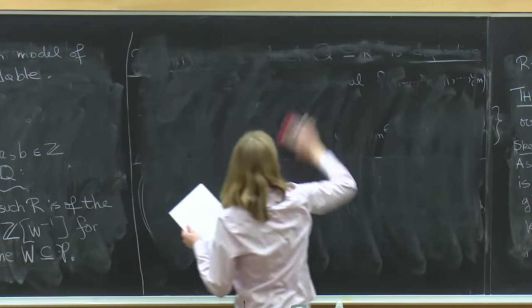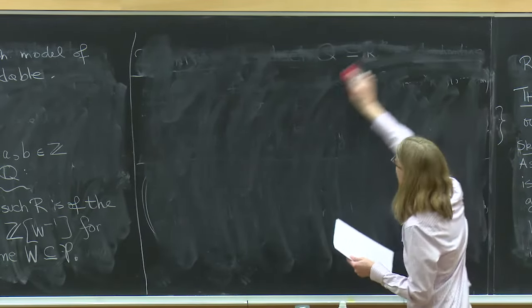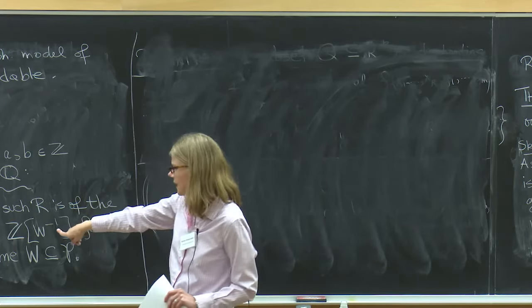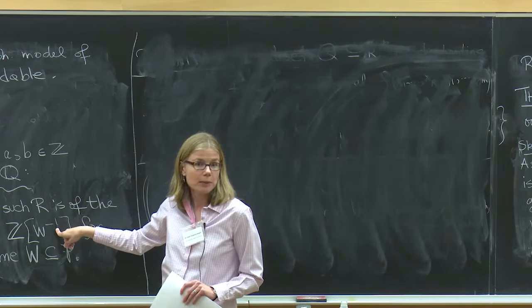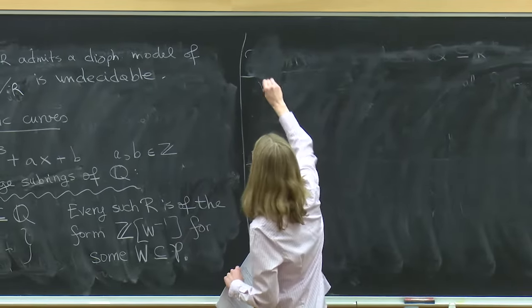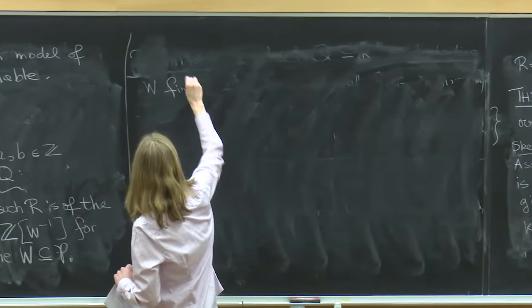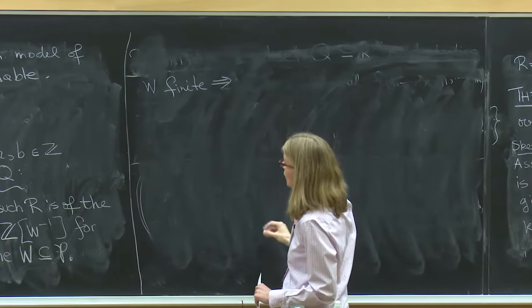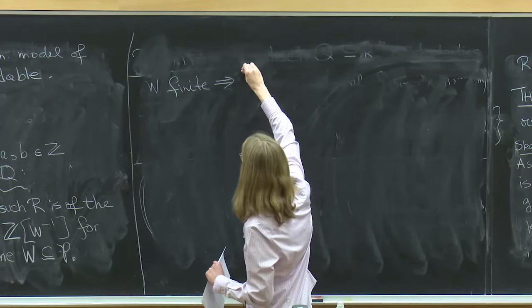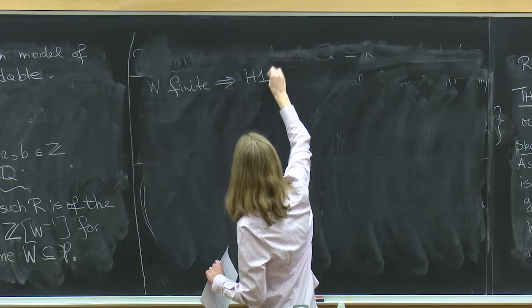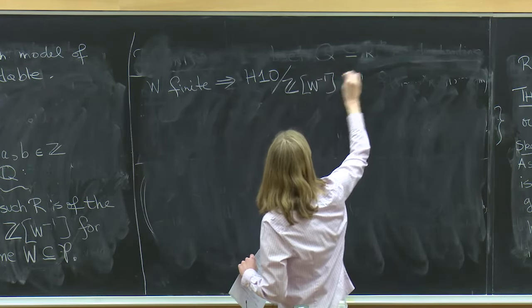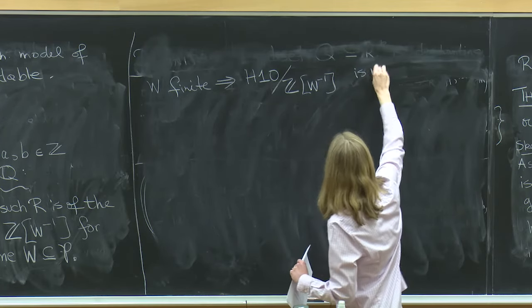So now there are two extremal points here. I could just say, how about if W is finite? From Matijasevich's theorem and work of Julia Robinson, it follows immediately that this is undecidable.